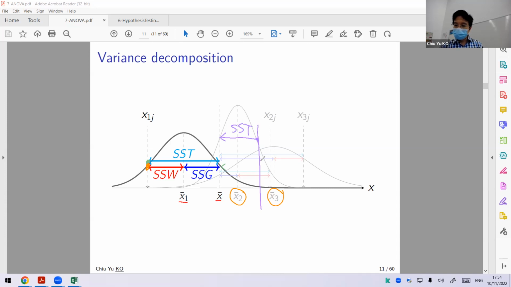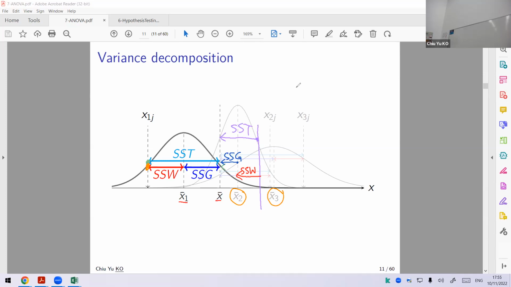If you take this point to here and square, it's called SSG, from the group mean to the overall mean. And from each point to its own mean is called SSW, the within. So for each observation, the distance from it to the grand mean can be decomposed in two parts: from it to the group mean is SSW, and from the group mean to the overall mean is SSG.